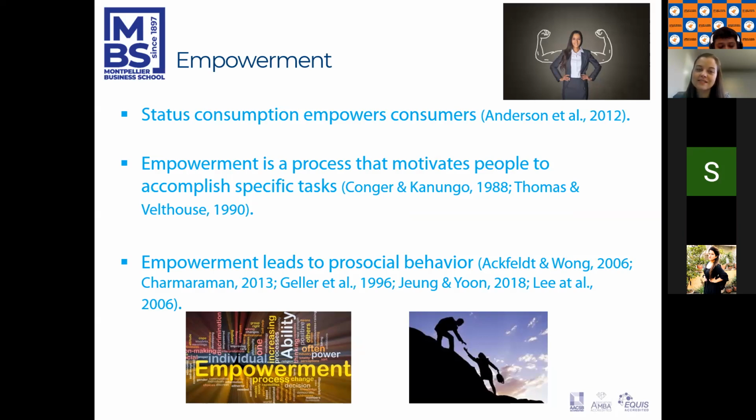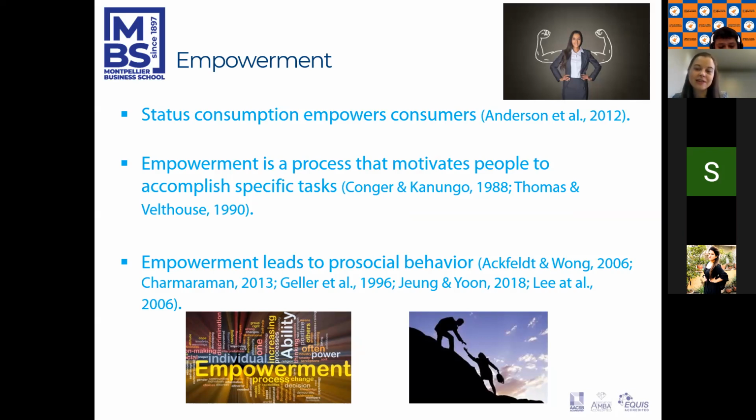Well, it's basically a process that motivates people to accomplish specific tasks. And one of the key components of empowerment is self-efficacy, right? Self-efficacy means that you feel like you can accomplish specific tasks, like you can do it. You have the ability, you have the motivation to change things through your own actions, right?